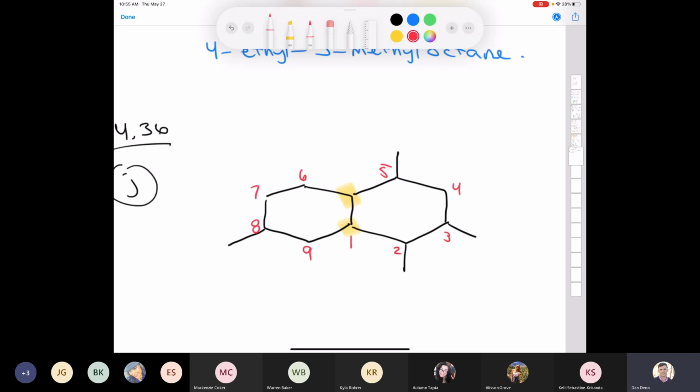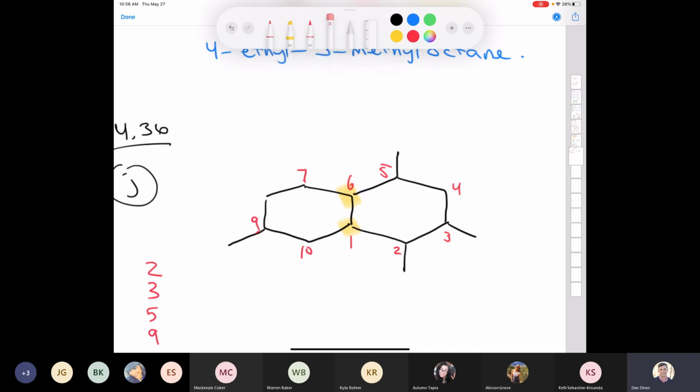If I number my ring like this, I skipped a carbon here, didn't I? That's not right. There's 10 carbons in the ring. So if I have 1, 2, 3, 4, 5, 6, 7, 8, 9, 10, like this, then I have methyl groups at carbons 2, 3, 5, and 9.